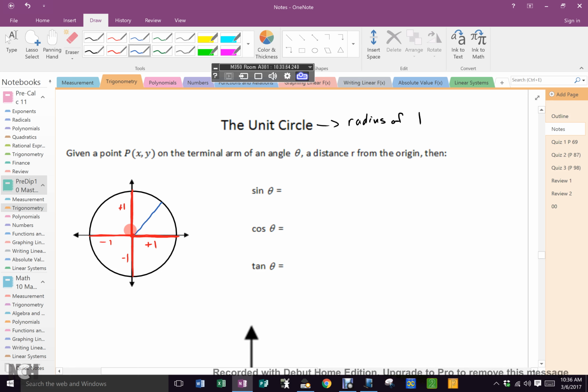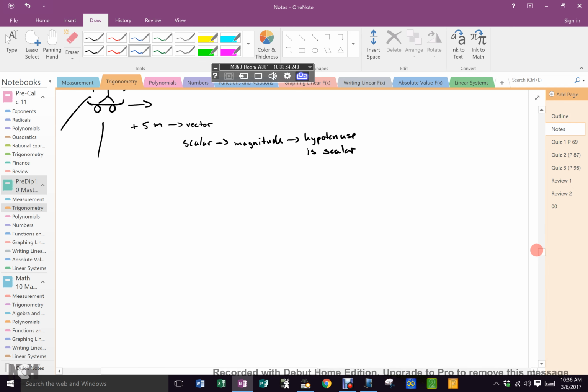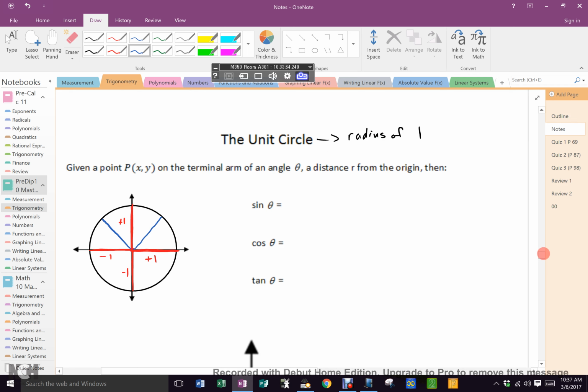Okay, so now draw this one. What is that guy's distance? 1. Why are you still saying it's 1? Because what are hypotenuses? Yay! Okay. Are we all good with that? Because it's a radius, it's 1.